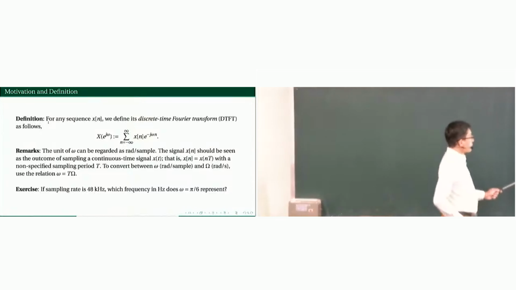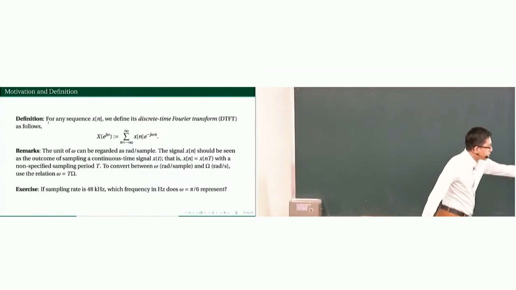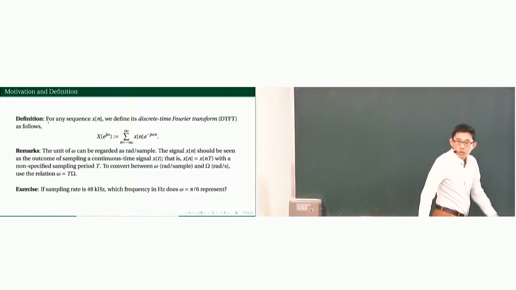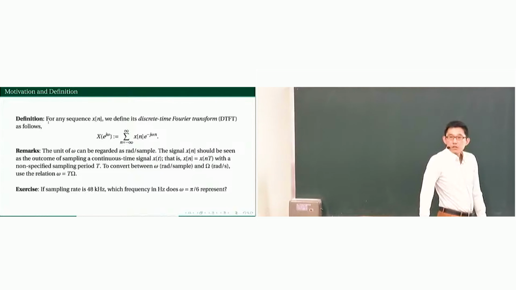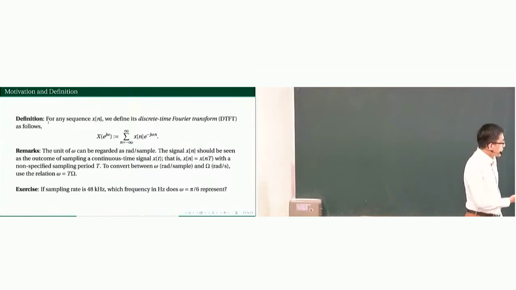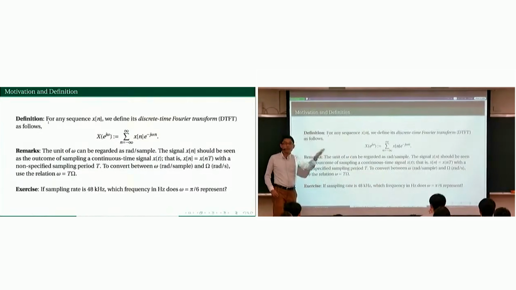Last time I spent a few moments to share with you that there is a conversion between small omega and big omega. You need to know that small omega doesn't have a unit. Or if you really want, the unit of small omega is radian per sample, which means how much phase change is introduced by going forward in time from n to n plus 1.